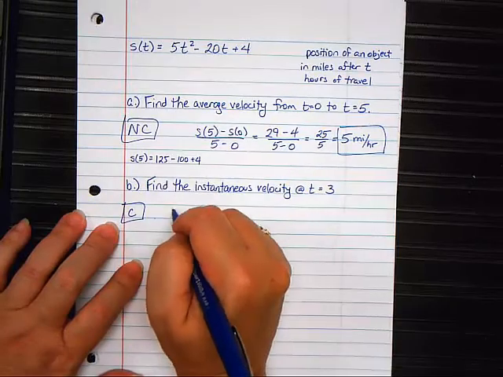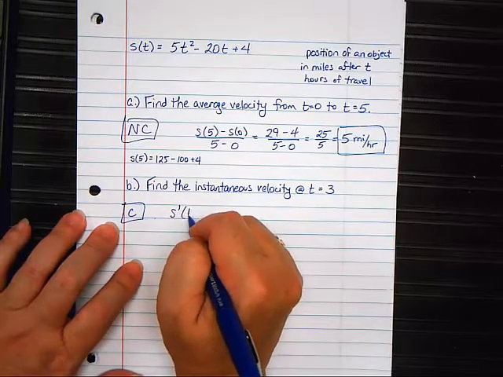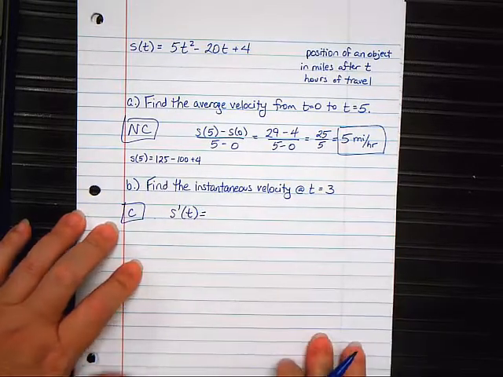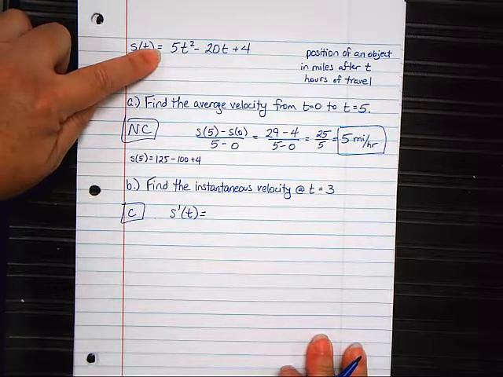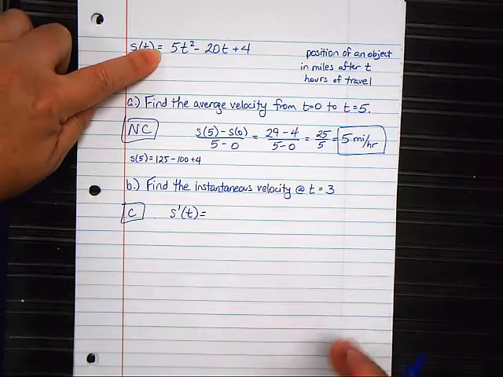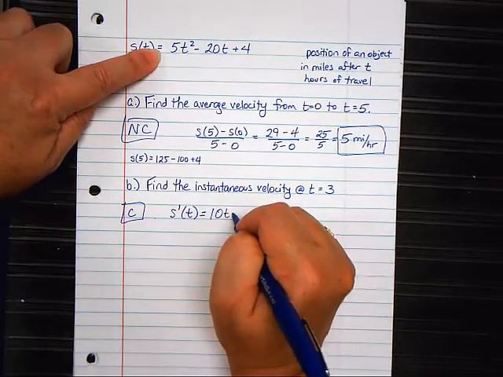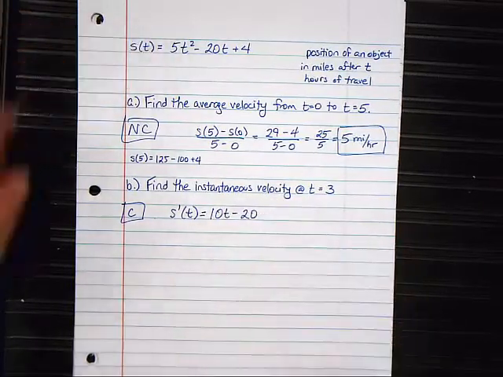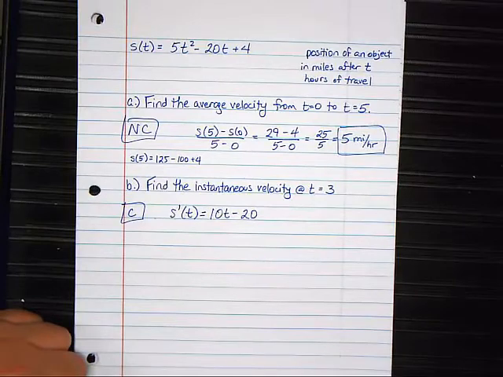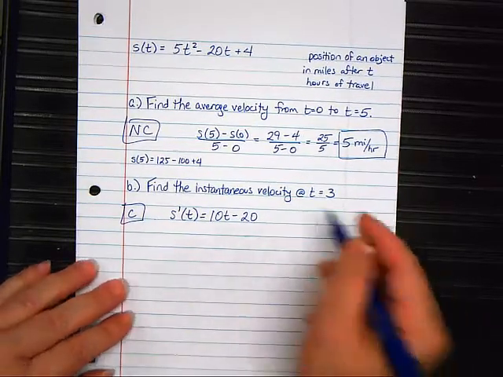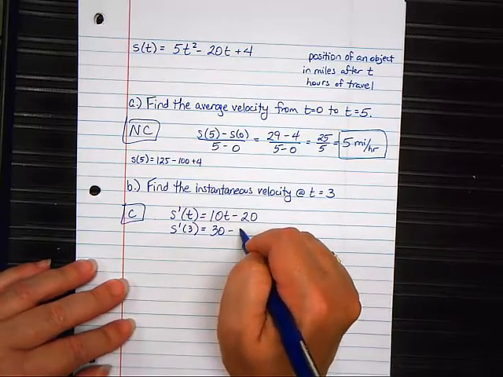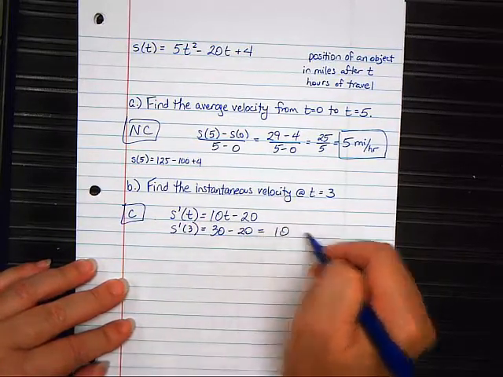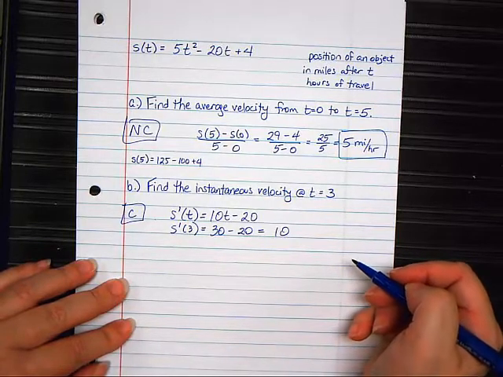I'm going to take the derivative of s. So s prime of t equals, come back up here. What's the derivative going to be? 10t minus 20. Okay. Now what do I do? Plug it in. Plug in 3 to the derivative I just found: 30 minus 20 is 10.